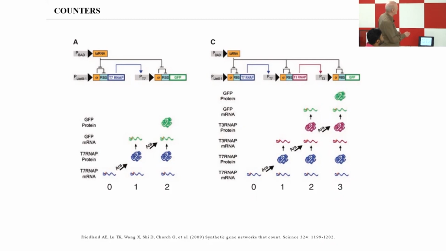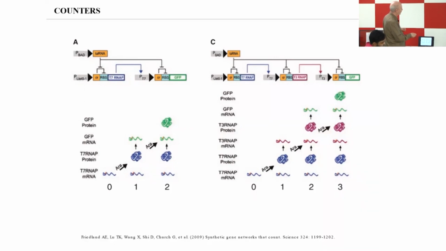In this case, you have a promoter that responds to a riboswitch. That is another regulatory element that I have not discussed in this course, but it's a regulatory element. And then it will interact with a ribosome binding site that will enter the same polymerase. We go to another RBS here and a GFP.